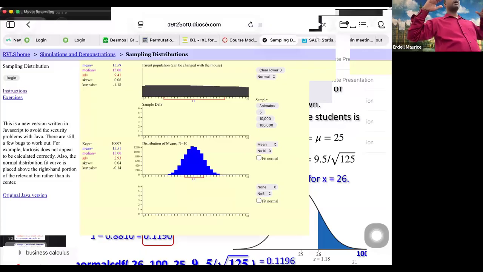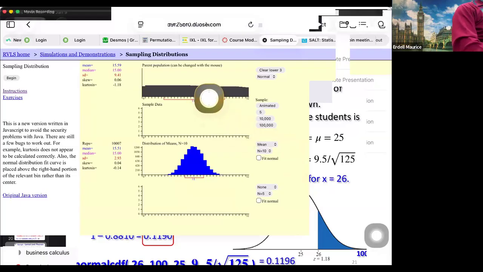Questions there? The means will line up. The mean for this distribution right here is exactly the same as the mean for this distribution right here. But what will change is the standard deviation. This distribution has a standard deviation of 9.4. For this distribution right here, the standard deviation will always be smaller.